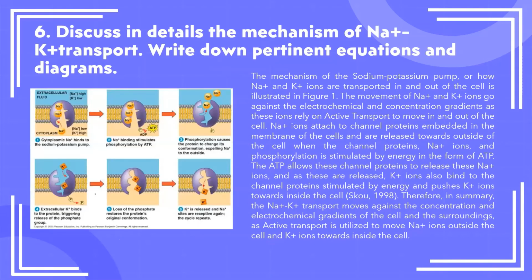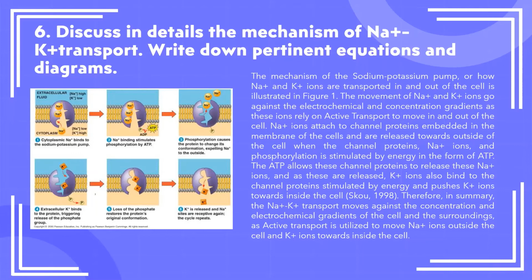Discuss the details of the mechanism of the sodium-potassium transport. For the sixth question, this is the mechanism of the sodium-potassium pump, where sodium and potassium ions are transported in and out of the cell, as illustrated in Figure 1.